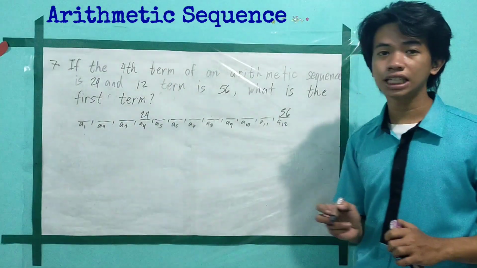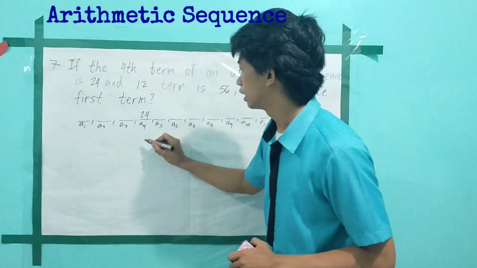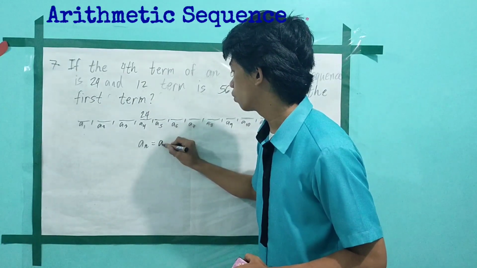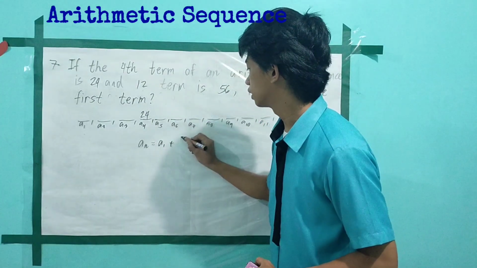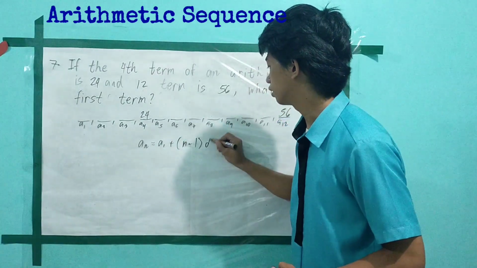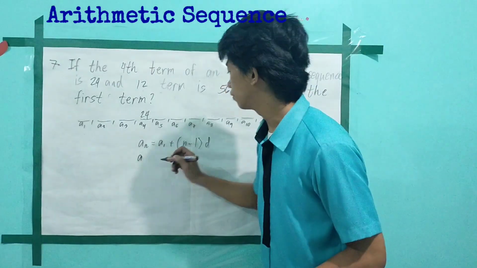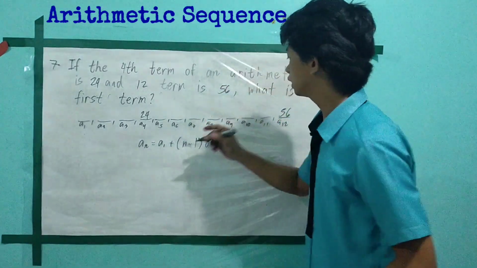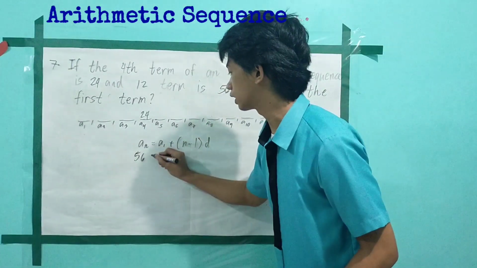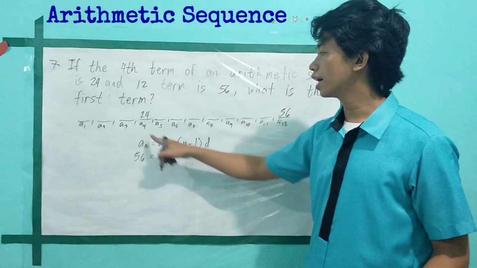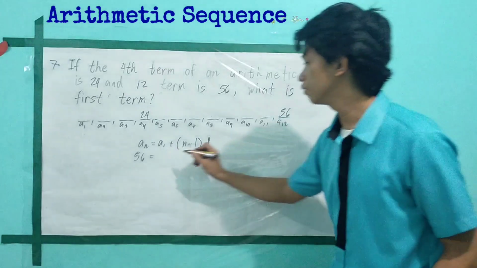So, hanapin muna natin yung common difference. Using our formula, A sub n is equal to A sub 1 plus n less 1 multiplied to the common difference. Okay, so ang A sub n natin is equal to 56 equals, gawin muna natin A sub 1 yung A sub 4 natin kasi yun ang given.